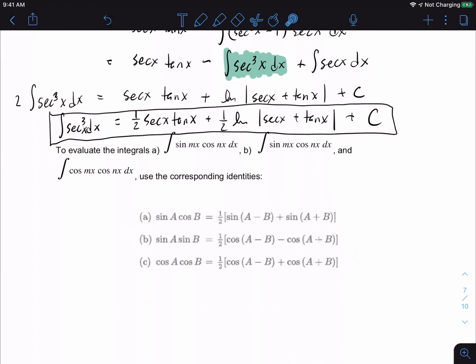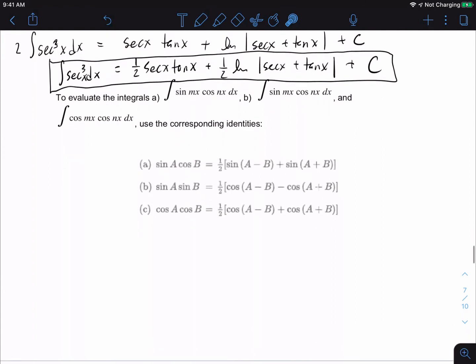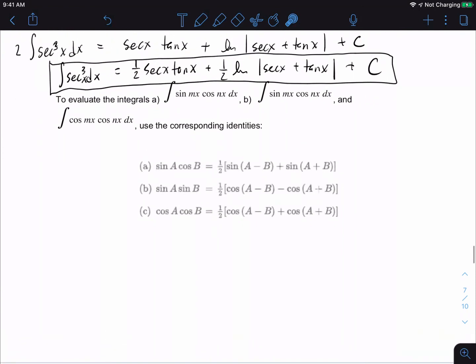So this is something that's going to be important for you guys to know and to memorize, or if you're not going to memorize it, have it written down on a sheet of paper when you take my exam. Okay, that's going to be quite important to use. So I'll give you guys a second if you want to write down these before I do an example.